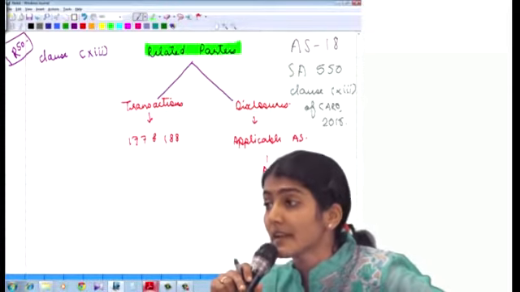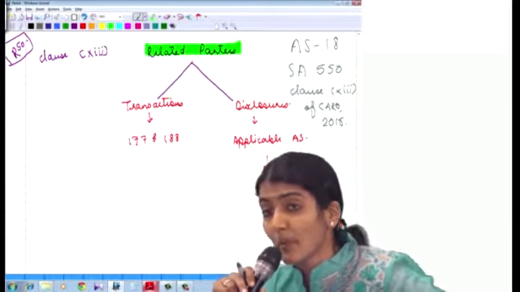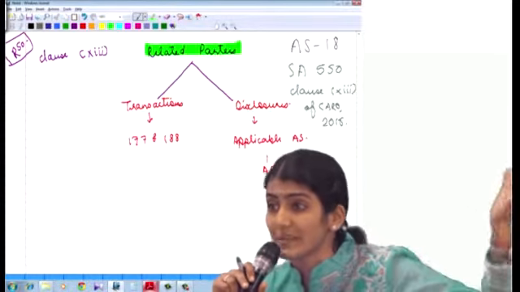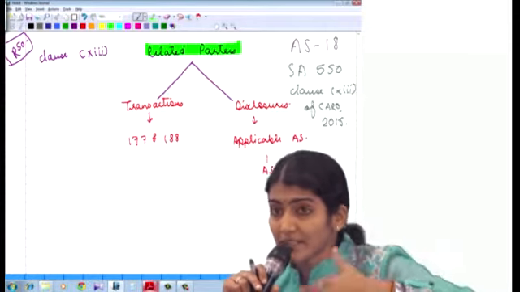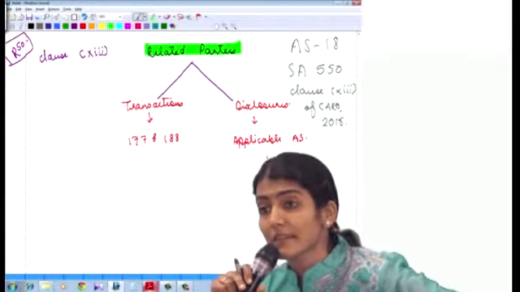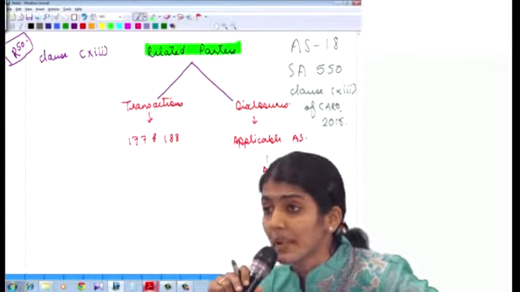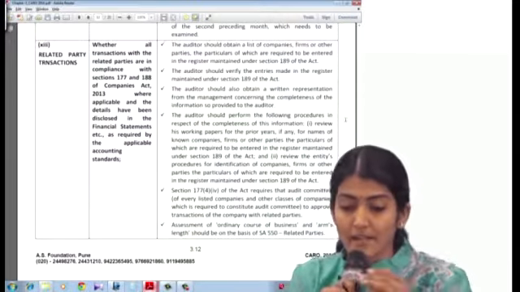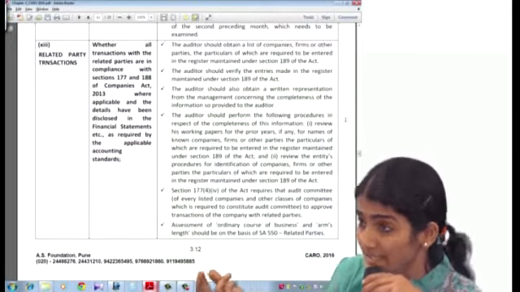Whether transactions are in compliance with section 177 and 188. What is 177? Audit committee, no? Right, and 188 is again transactions with related parties. And then disclosures, whether they are in accordance with the applicable accounting standards. Right, so applicable accounting standard over here is going to be AS 18.